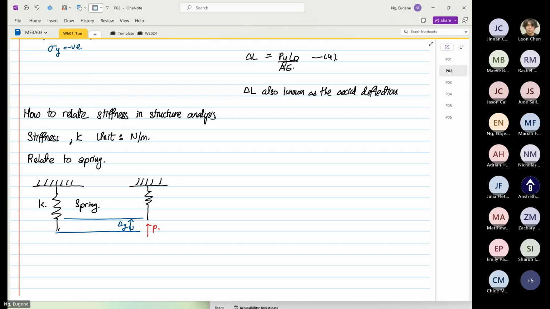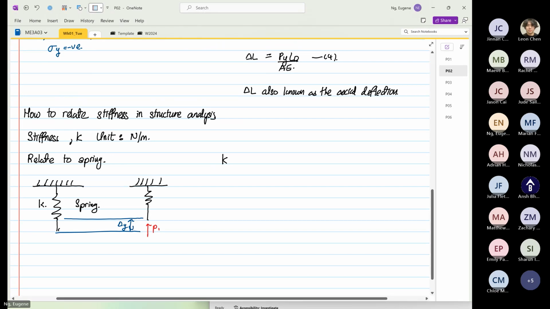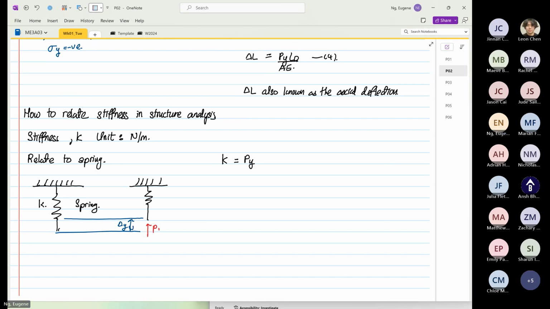So the spring stiffness K is equal to Py over delta Y. Or we can express this as the load Py is equal to K delta Y. And mathematically, what does it mean?